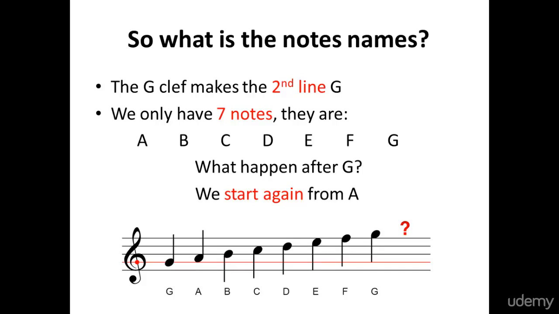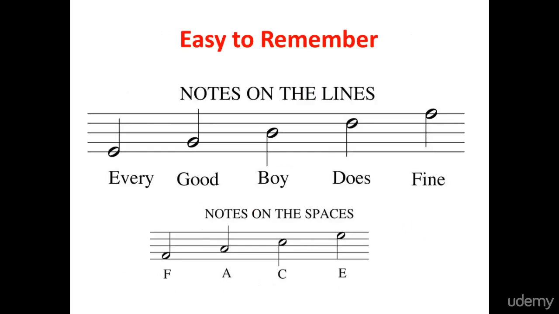Well, we start again from A. So if you look at the example and you see the red line, that's the second line which the treble clef starts from, and the treble clef makes the note on the second line G. So the space after that is A, and then the line B, and then C, D, E, F, and so on. So basically the treble clef makes the second line G, and then we build from this note up and down all the notes.